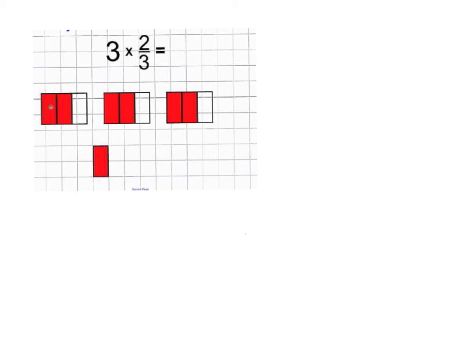All right, and then this last page here is just another example of what something could look like. So what they did here, and I'm going to kind of scratch out a part of this, is they took 3 times 2/3 and they just modeled what that would look like. So they put it into kind of like a fraction strip or fraction bars.